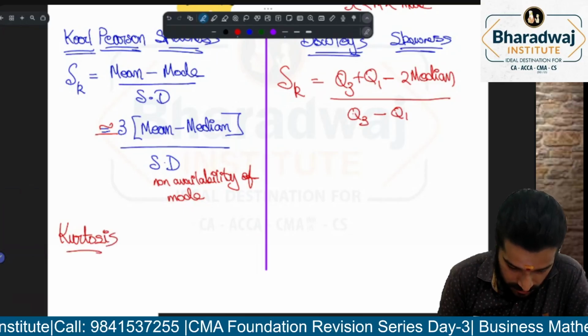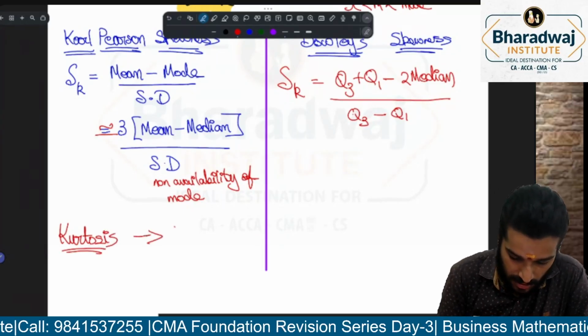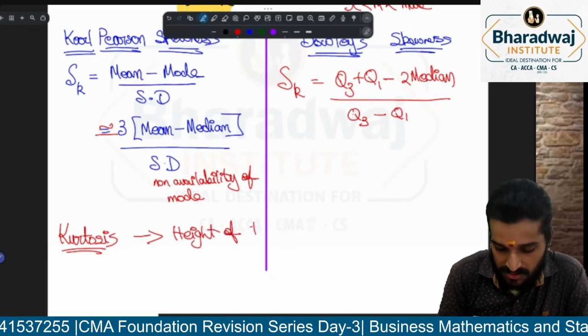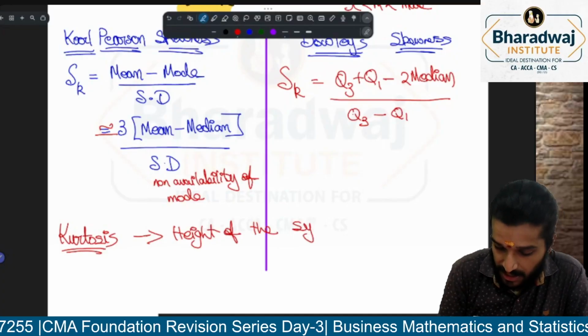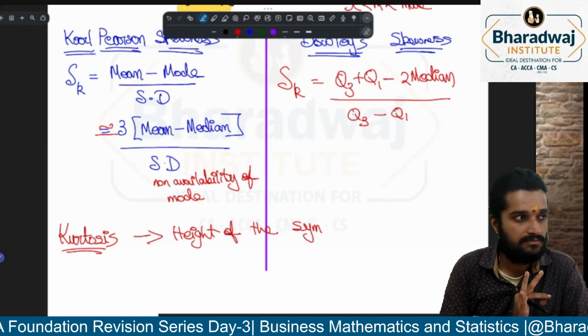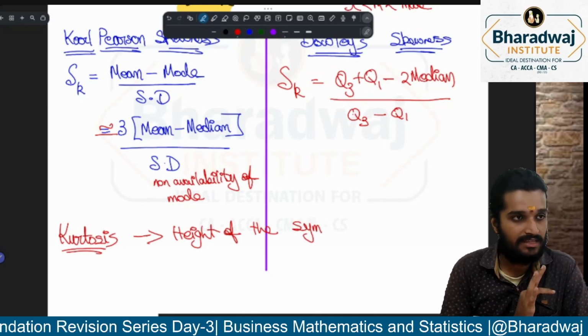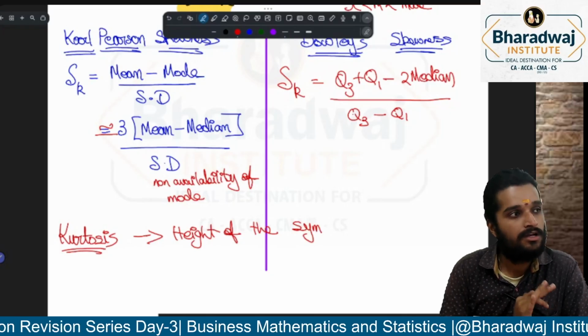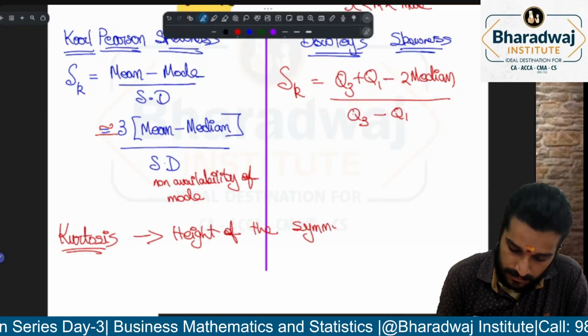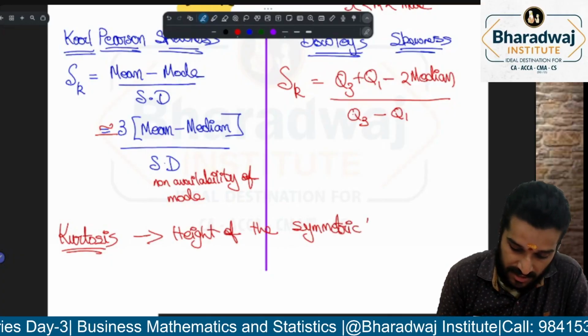It concerns the height of the symmetric data. In kurtosis, we will be seeing three kinds of data, three kinds of kurtosis. In all the types, it will be a symmetric data.